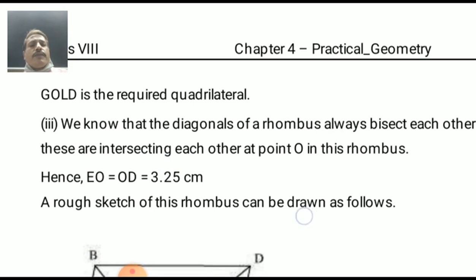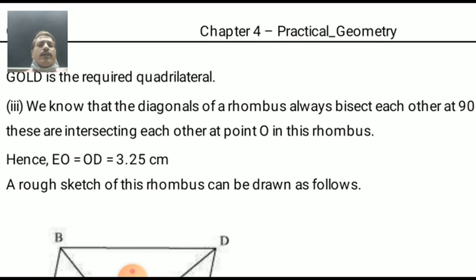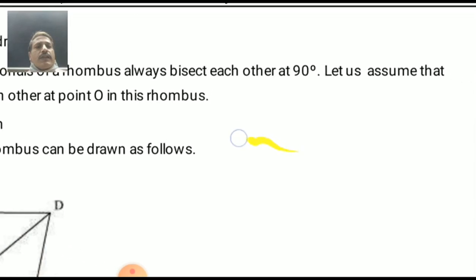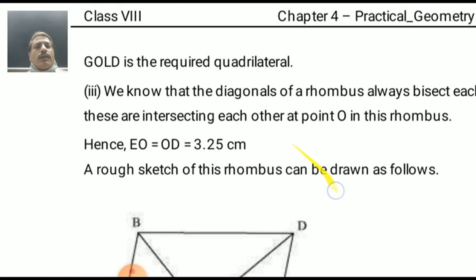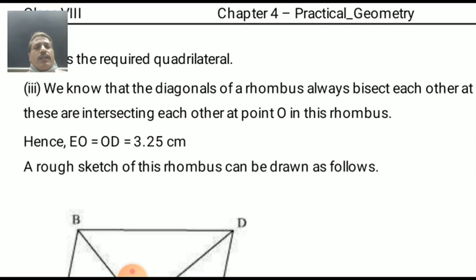Third one is here. We know that the diagonals of a rhombus always bisect each other at 90 degrees. Let us assume that they intersect each other at point O in this rhombus. So OE, or EO, is equal to OD, which is 3.25 centimeter, as given.